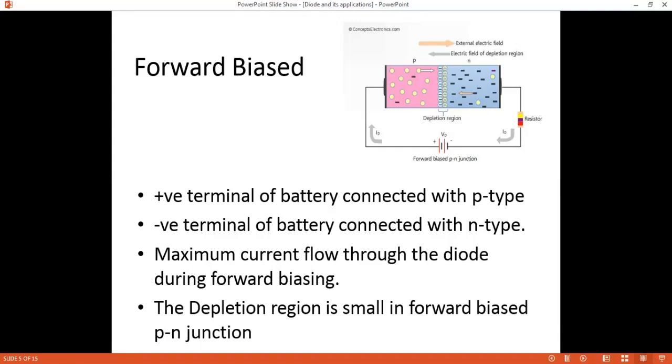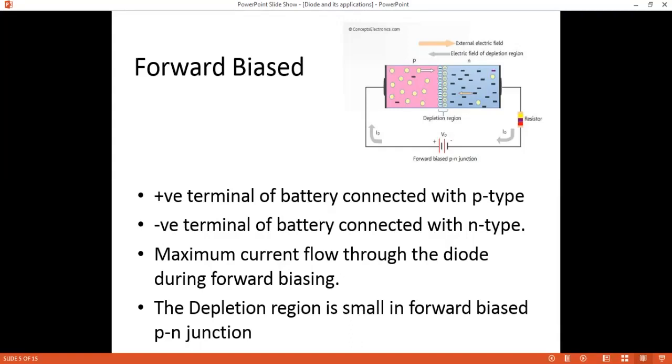Only in the forward bias direction is the current flowing. Why? Because the depletion region is very small. Between the P-type and the N-type, there is a depletion region. In the forward bias direction, the depletion region is very small, so the electrons can easily move from one place to another. That means the current is flowing.